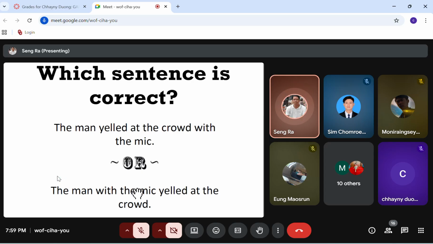You should never put it after the crowd, but put it after the man to make sure it modifies the man. Okay, so you need to be very careful when using a modifier.